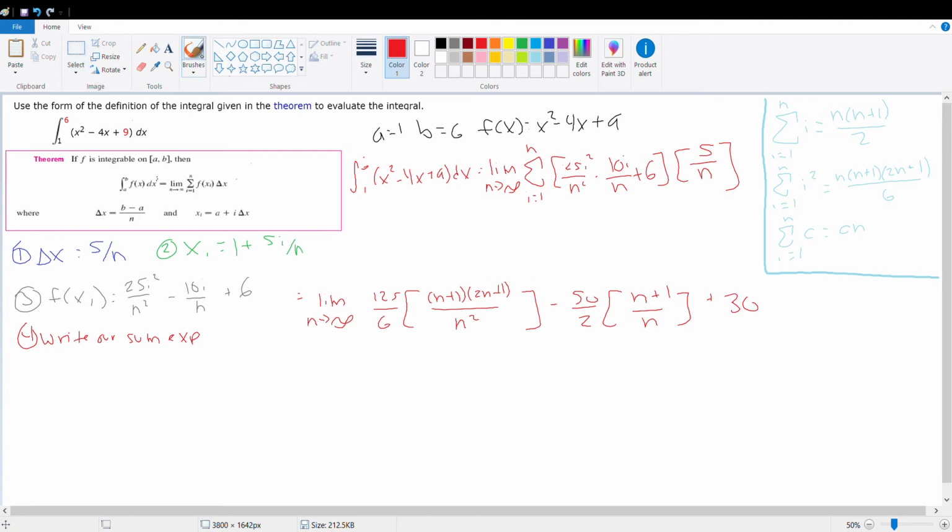So we're going to have the limit, which we have not evaluated yet, 125 over 6, and foiling that little expression out is going to give us 2n squared plus 3n plus 1 over n squared. And this 50 over 2, of course, simplifies to just 25 times n plus 1 over n. And there's nothing to simplify over here, that's just 30.